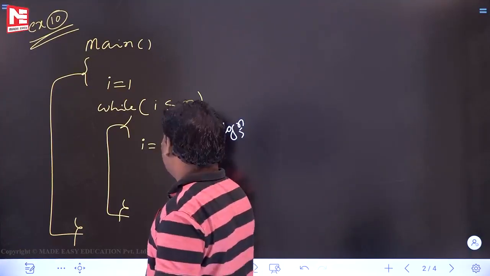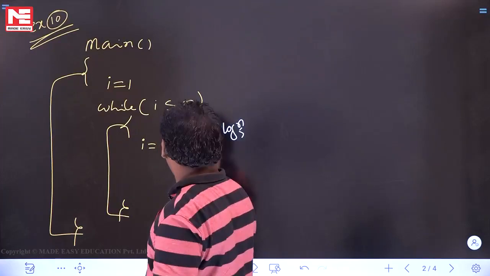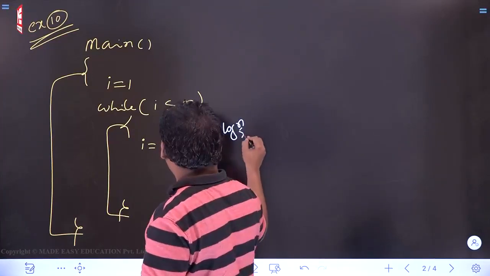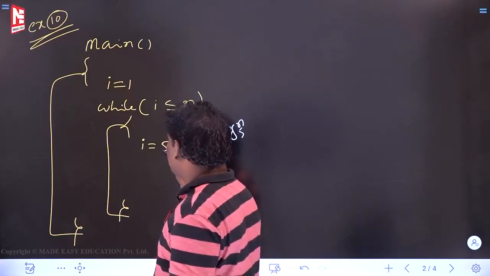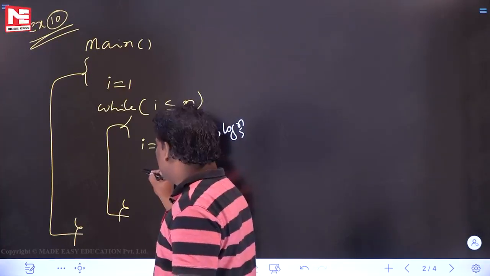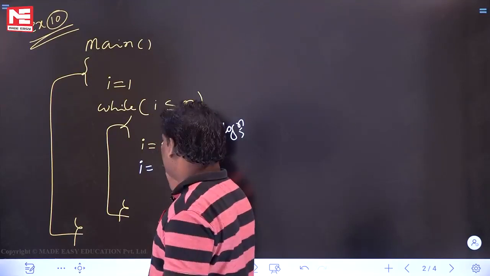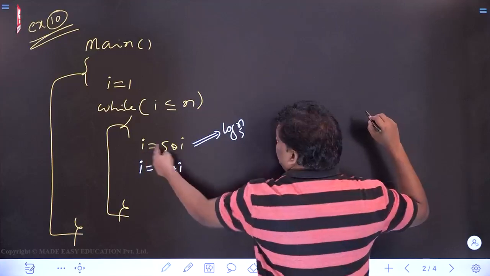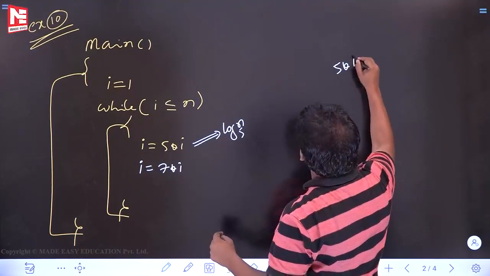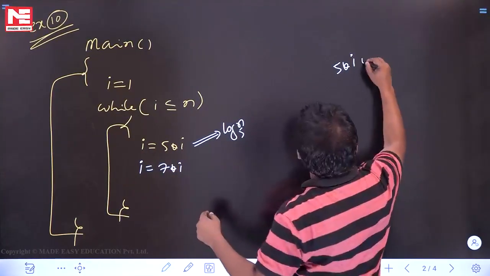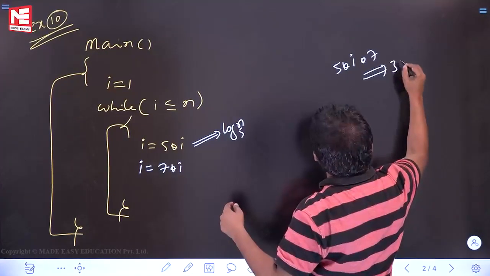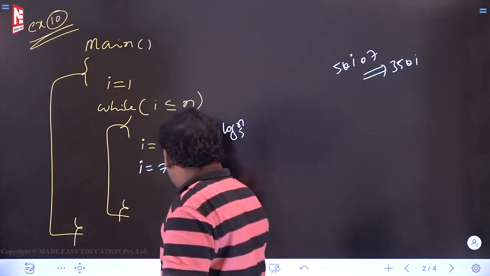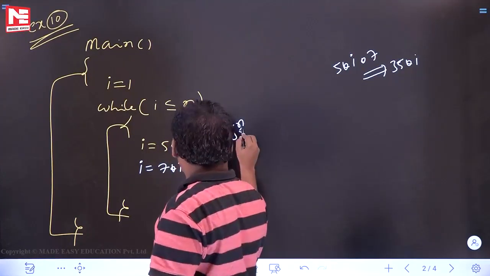Suppose in the place of 5, 15 is there, then log n base 15. Suppose in the place of 5, 50 is there, then log n base 50, that is fine. Suppose one more statement is there, I is equal to 7 into I. What is the answer? Already I is 5 into I, and that one multiplied by 7 goes to 5 7s are 35 into I. If only this is there, it is going to be log n base 5.